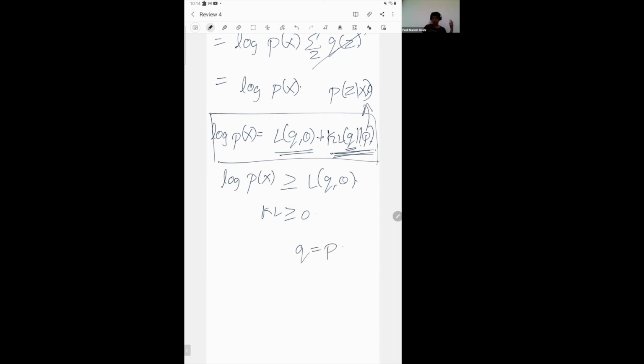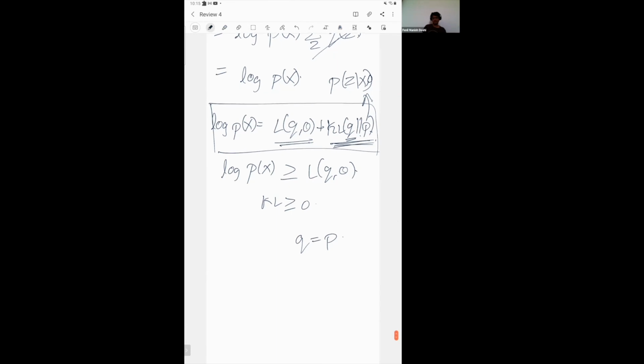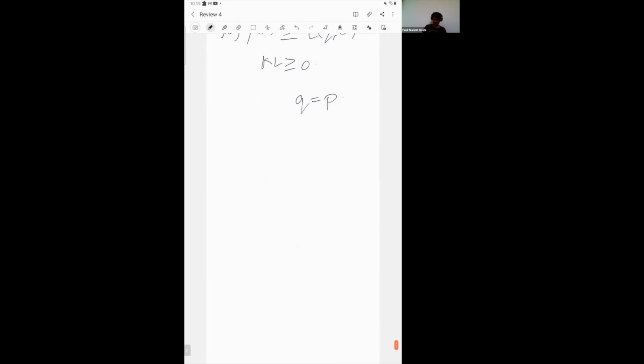So in the next lecture we would see that our E step would just yield that we need to equate q to the posterior p. So if we are maximizing q over this, not maximizing, sorry, minimizing.